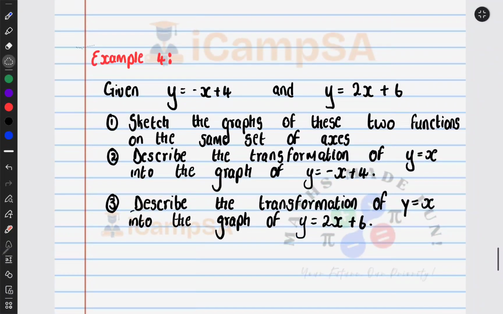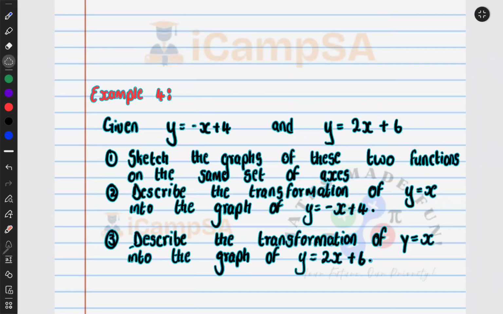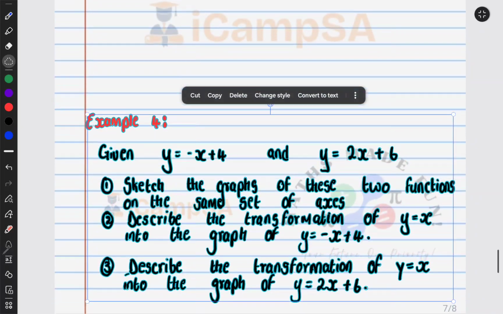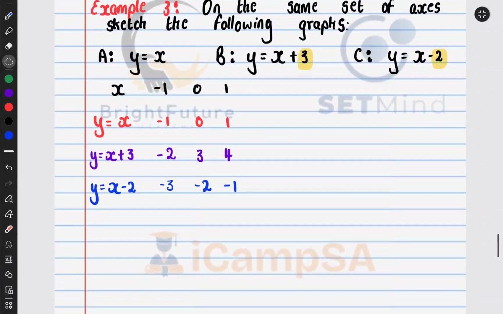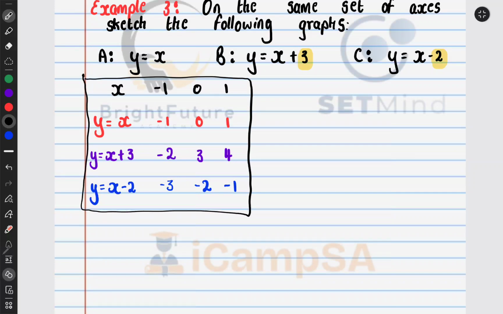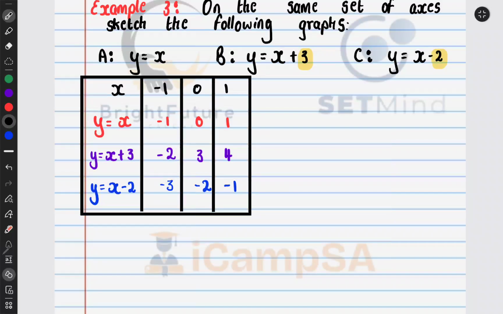Okay, let me shift this a little bit lower. I think that will provide us with enough space. Let me box this one here.